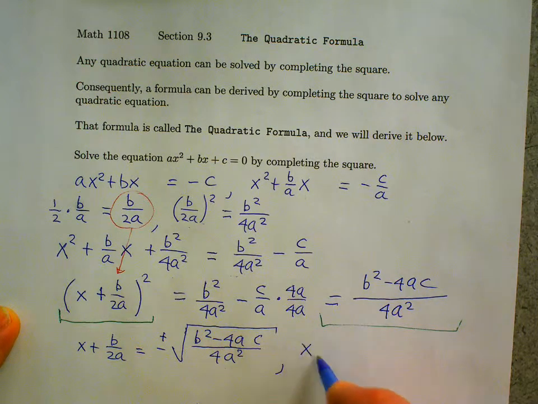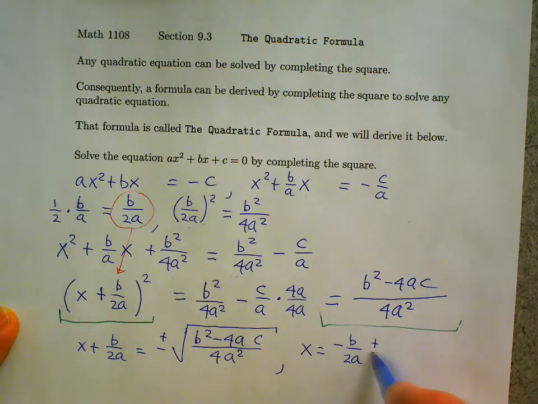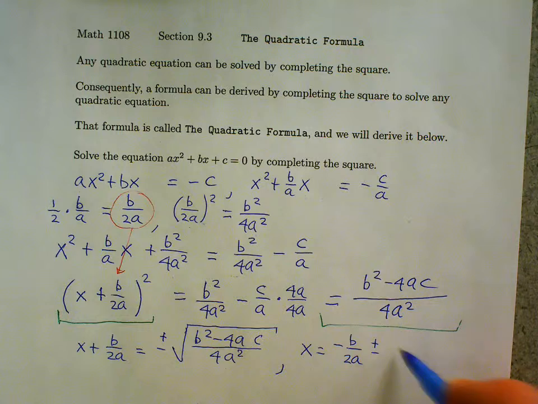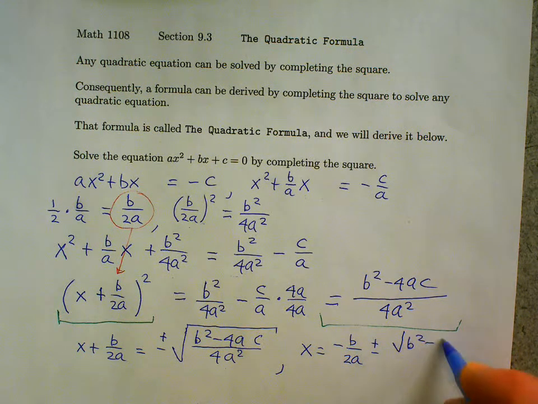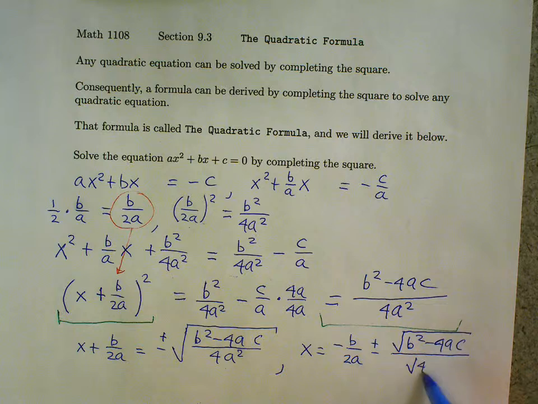So we get x equals negative b over 2a plus and minus the square root of b to the second minus 4ac, and then we have the square root of 4a to the second in the denominator.